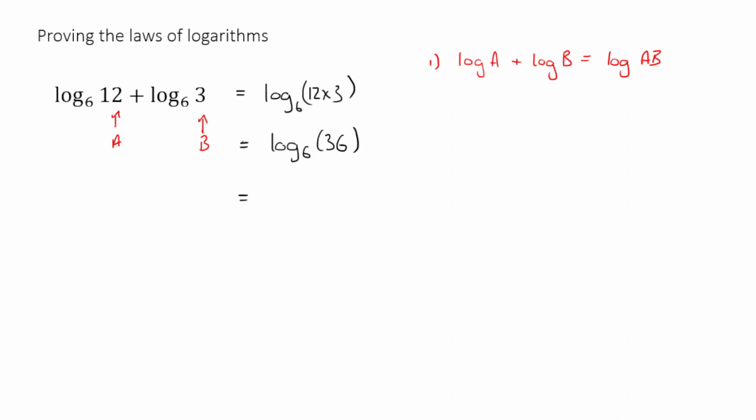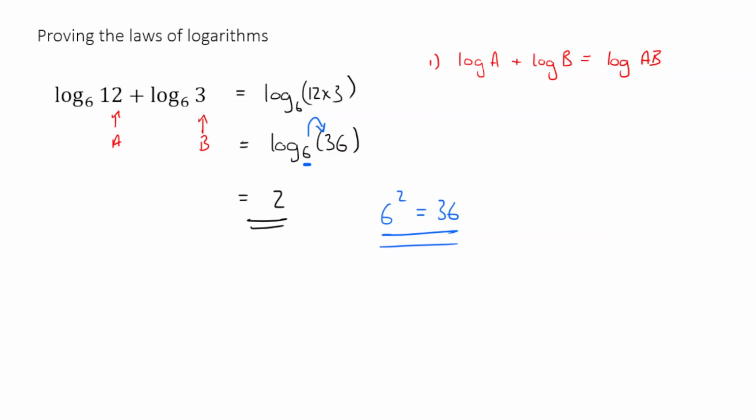And we should also know that log base 6 of 36 is 2. Why is it 2? Well, we've got to think, if our base is 6, what power do I have to give 6 in order to get 36? Well, it must be 2, because 6 squared is 36. Okay, so that's a fairly straightforward opening question that applies the first law.